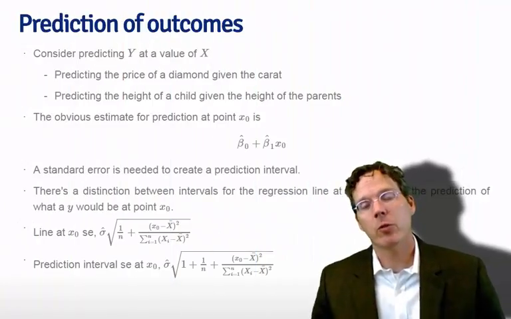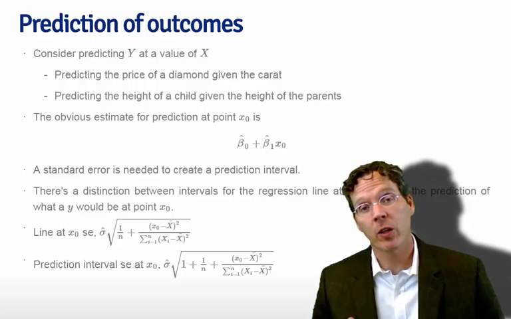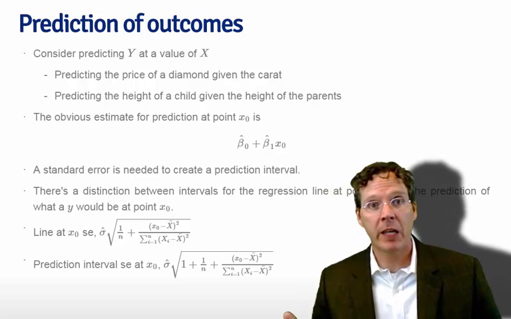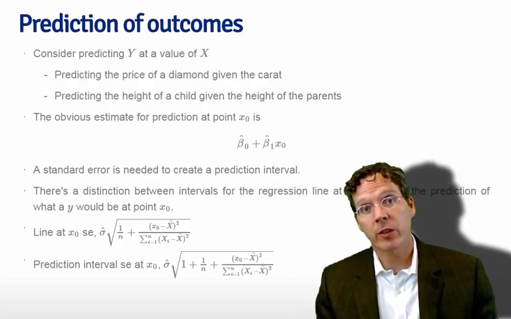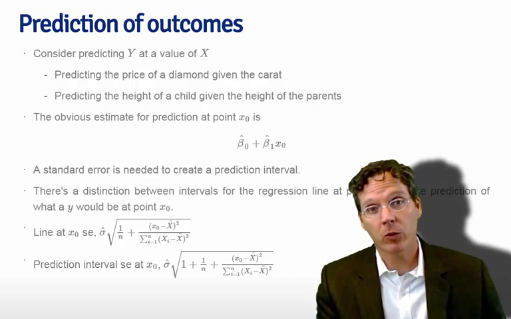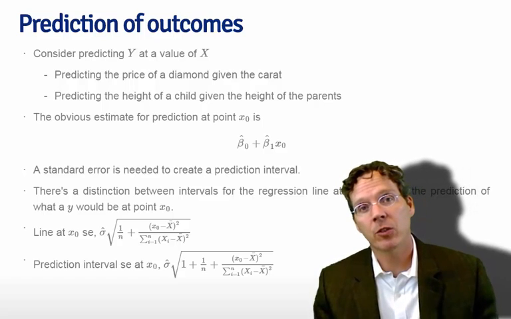Prediction is a central concept for the data scientist. In fact, we have an entire course, Practical Machine Learning, on advanced prediction techniques. However, regression and generalized linear models, which we're going to cover later on in the class, are some of the most core techniques for performing prediction.